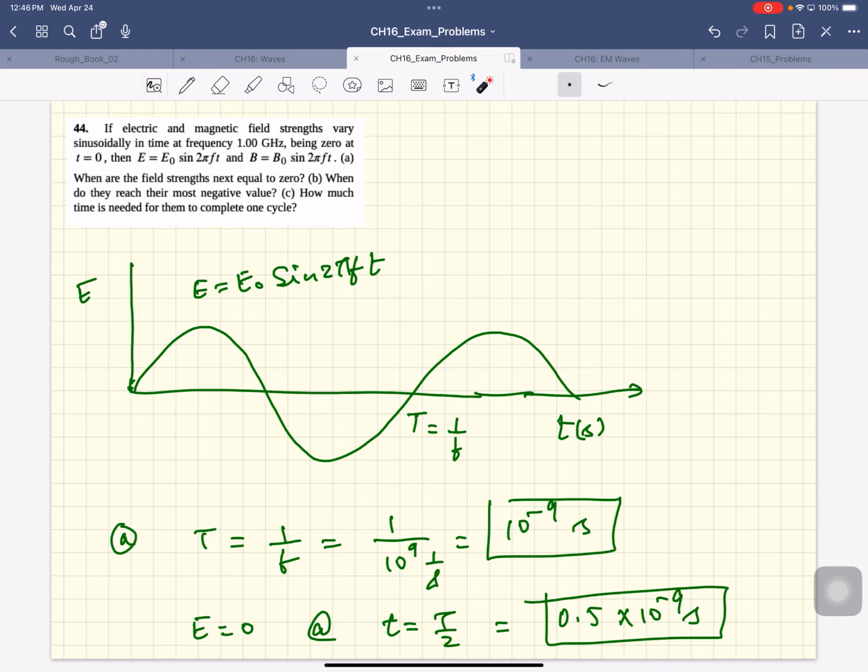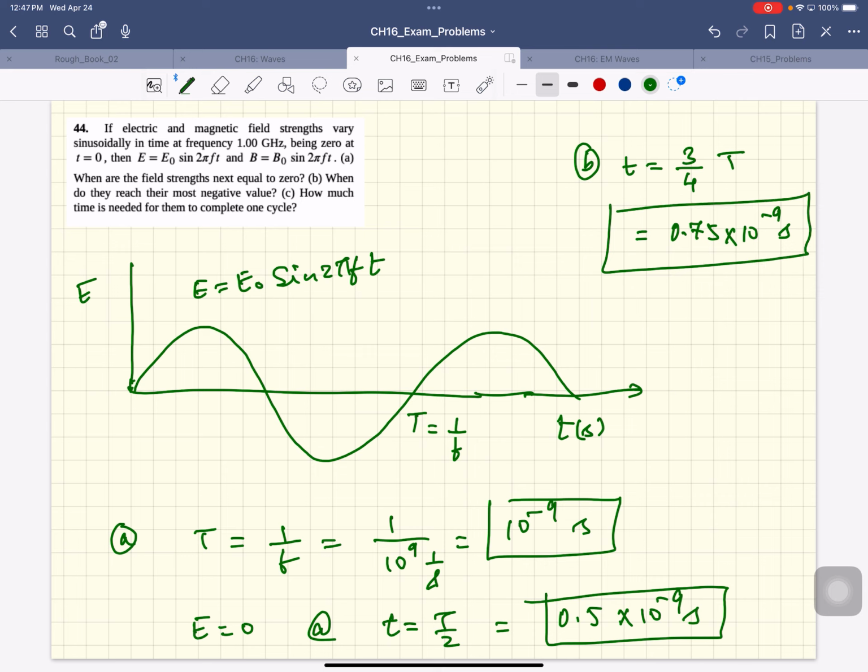When do they reach their most negative value? So it reaches the most negative value at 3/4 of T, so 0.75 times 10 to the minus 9 seconds. How much time is needed for them to complete one cycle? 10 to the minus 9 seconds.